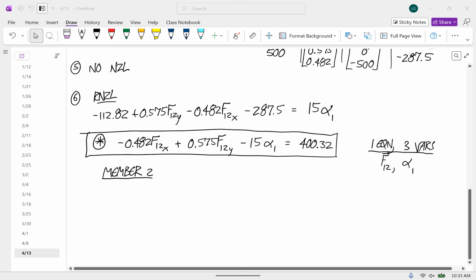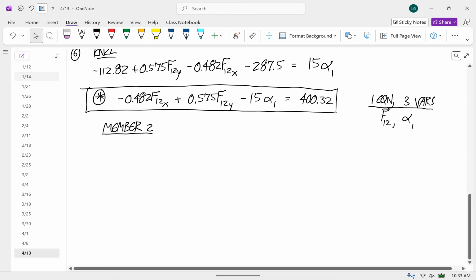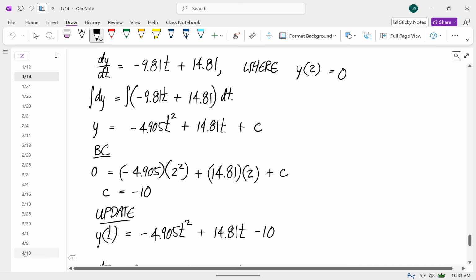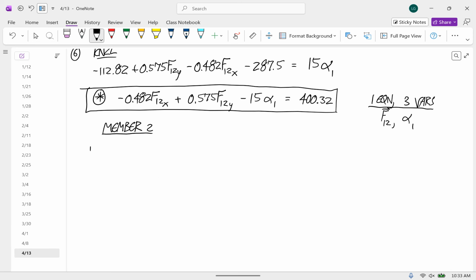Okay, let me draw the free body diagram for member 2. Well, let me go through the steps. So step 1, is there a fixed point on member 2? Okay, so the about point is the center of mass. And so the moment of inertia is 1/12 times the mass of 20 times 1.5 squared.